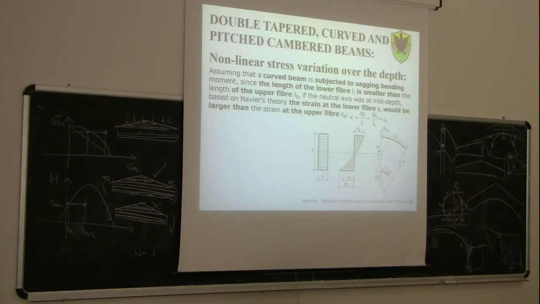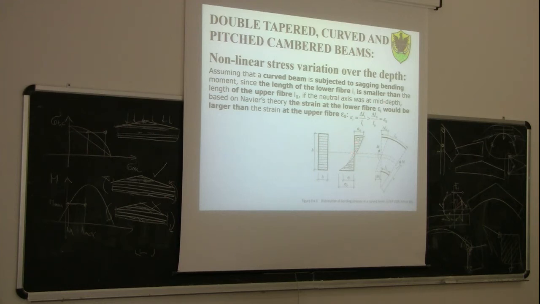So you would find then that we have some compression in the upper fiber and tension in the lower fiber. So if the distribution was linear, like in the Saint-Venant theory, with neutral axis at mid-depth, we would have that.